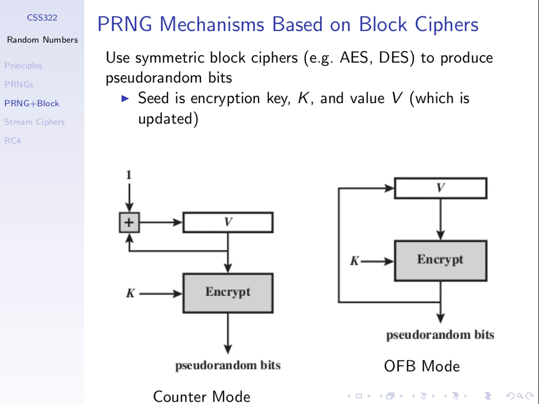Which one's better? I don't think it says in the lecture notes. Which one's better? Or what are the advantages and disadvantages of using, say, DES here versus using one of the algorithms in the previous slides?